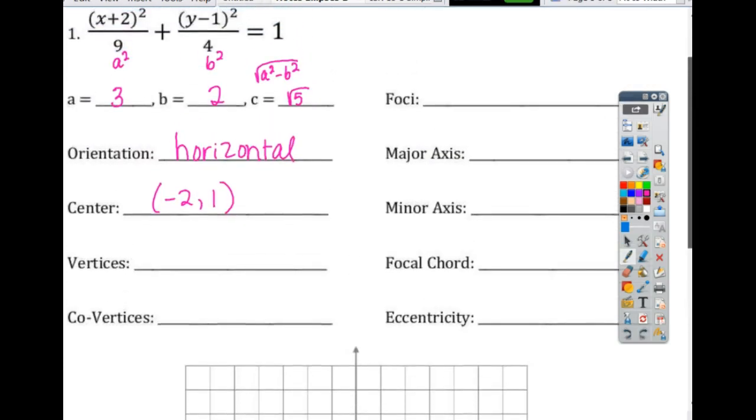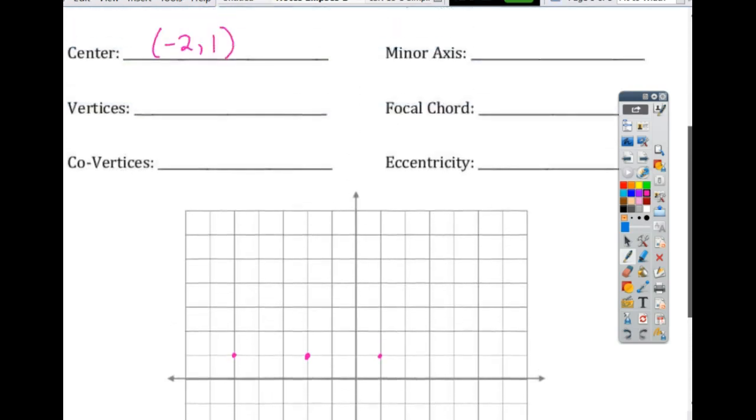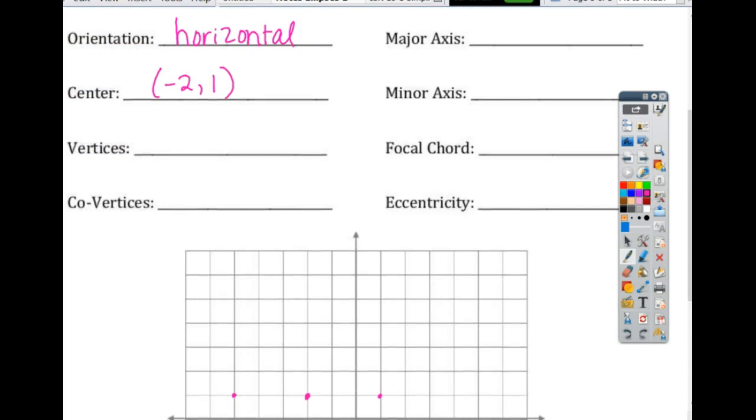A is 3. So on the horizontal, I'm going to count 3 and then count 3. These are your vertices. So write these points down on that line, whatever these points are. 1, 1, and 5.